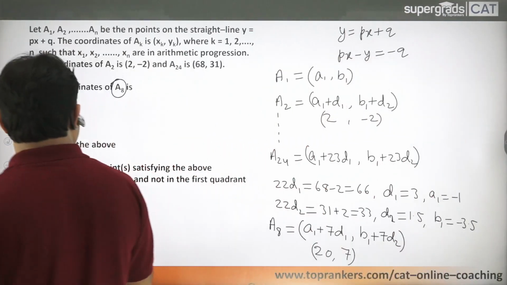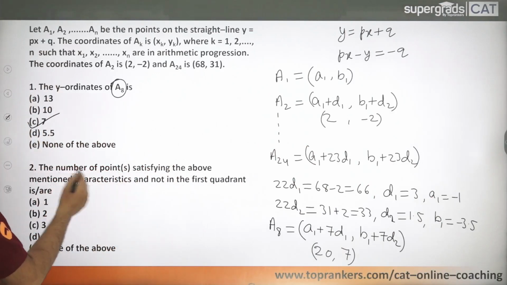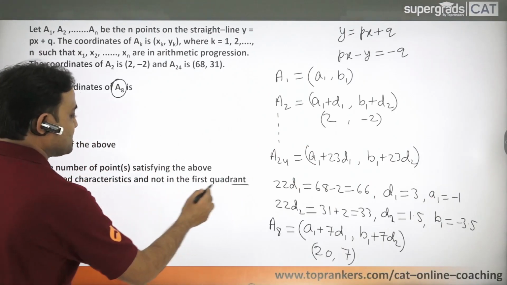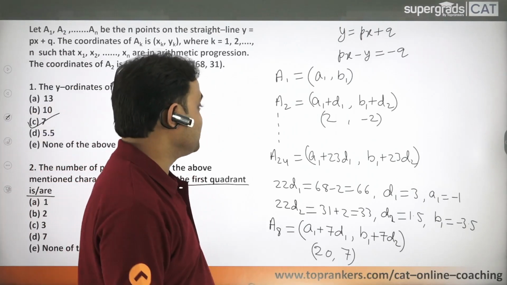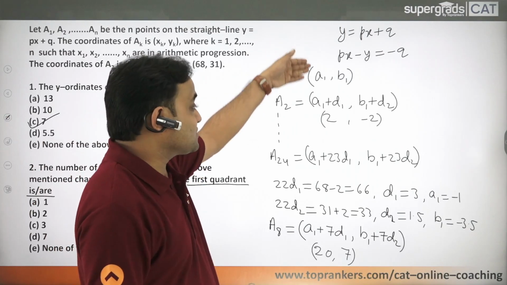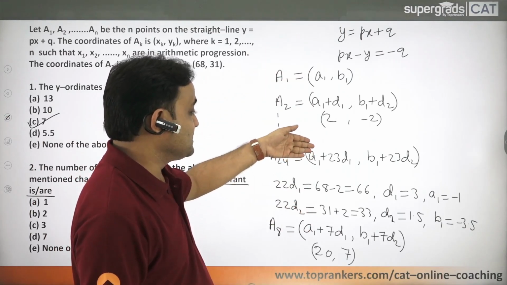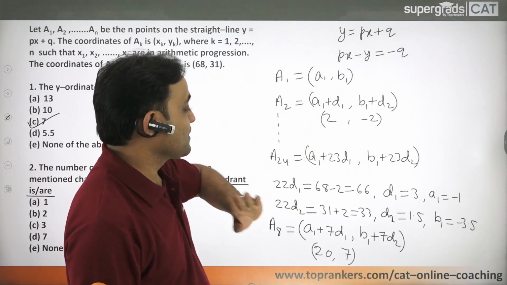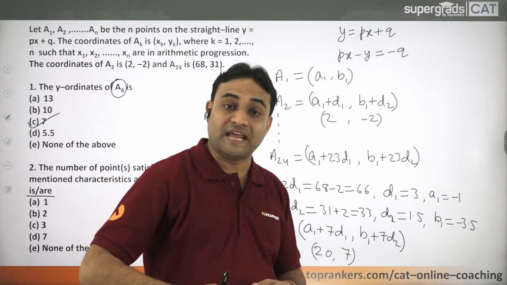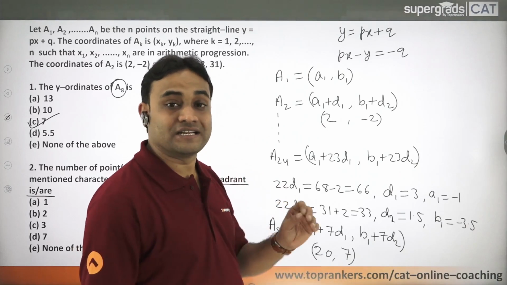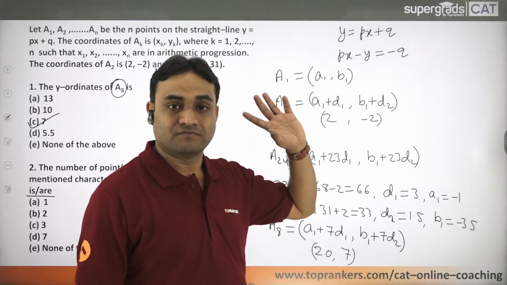Now it says the number of points satisfying the above mentioned characteristics not in the first quadrant is R. Not in the first quadrant. What does that mean? See, the x coordinate of each is starting with minus 1, but the next term becomes 2, then 5, then 8. So all the x coordinates are positive except A1.